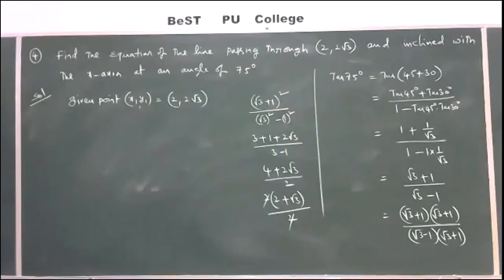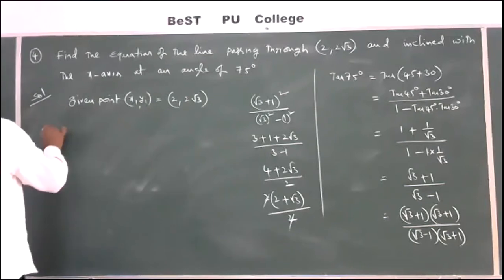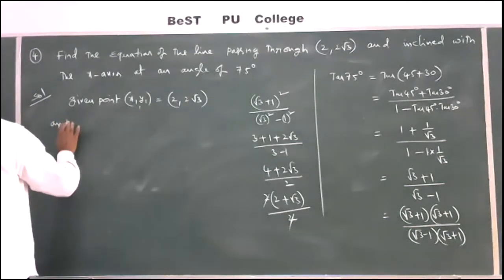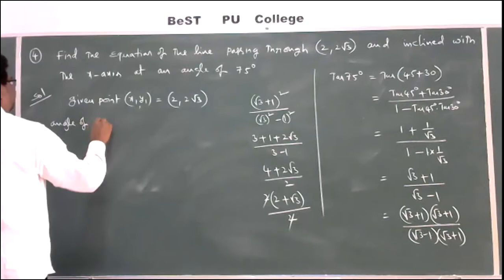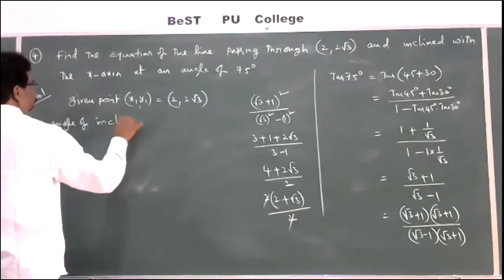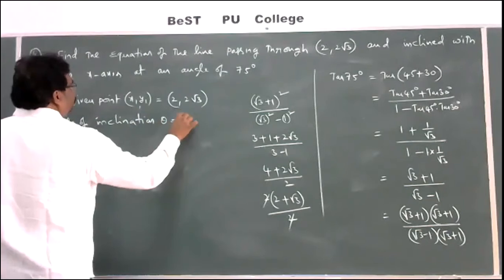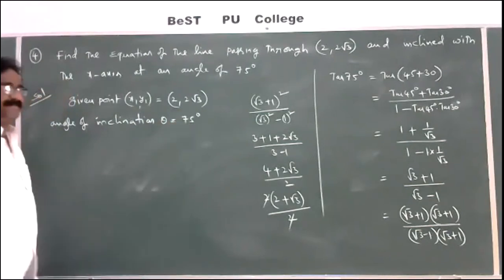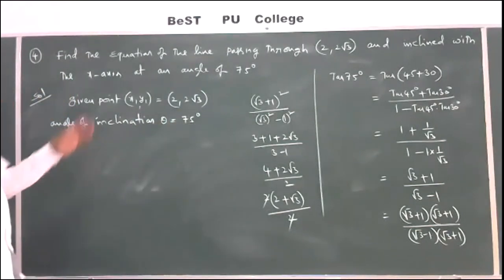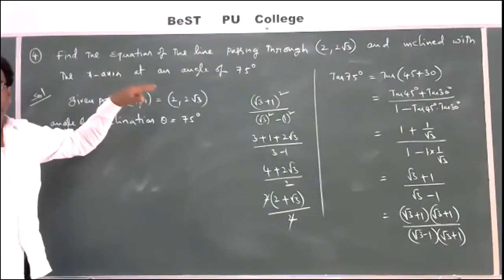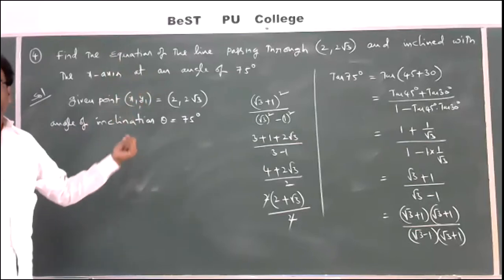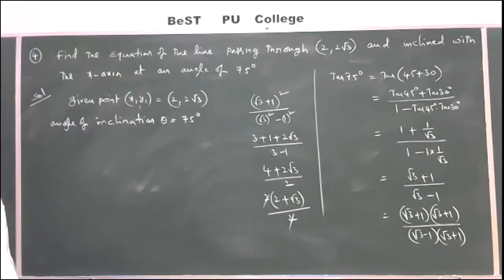Next, angle of inclination: theta is equal to the given 75 degrees. That line makes an angle of 75 degrees with the x-axis.